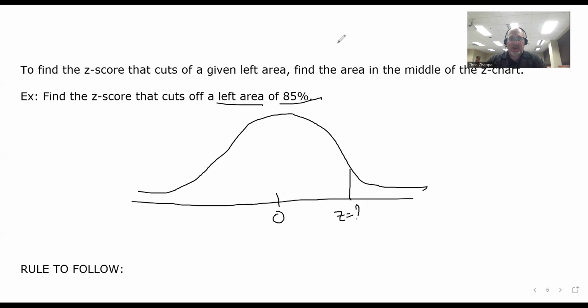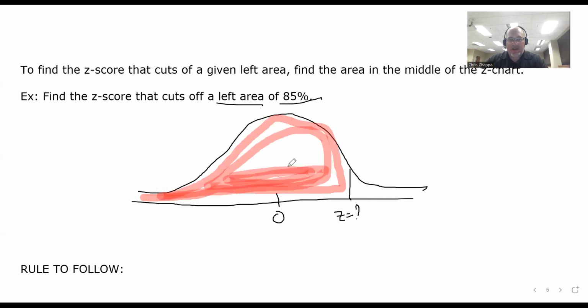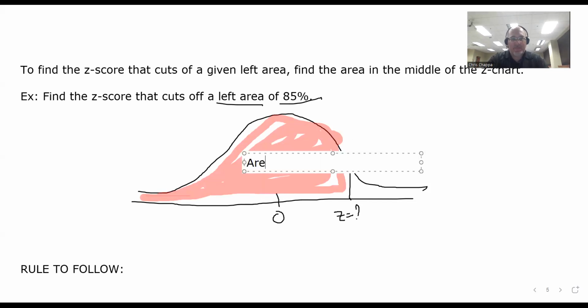If I know that this area that I'm about to shade in, again, please forgive the crude shading, I'm using a mouse, not a pointer, is 85% or 0.85 or 0.8500.